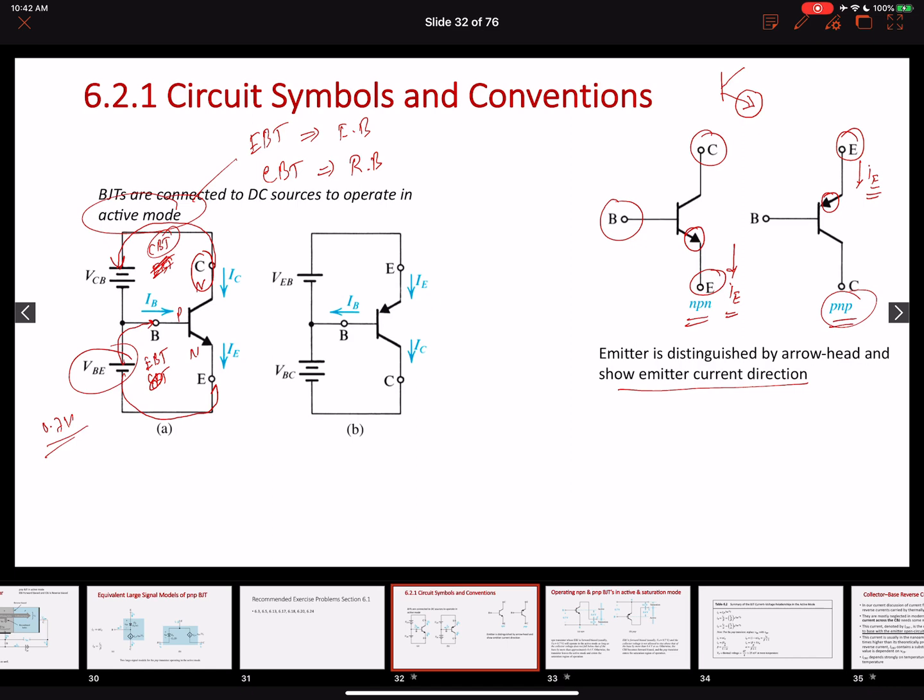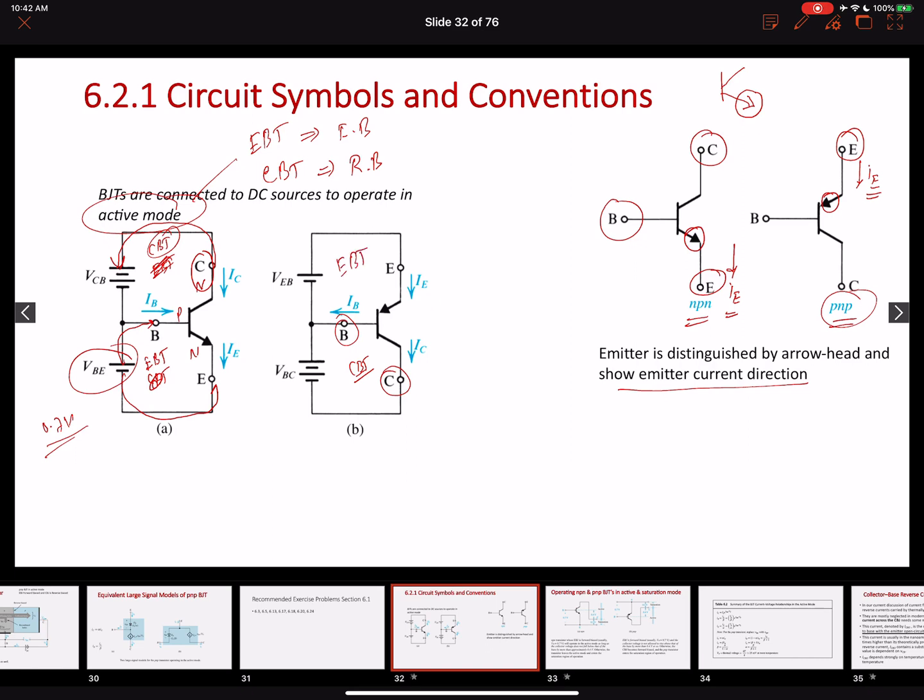If our base is at least 0.4 volts higher than the collector terminal, then the collector to base junction will become forward biased, and we will move from the active to the saturation region of operation for a bipolar junction transistor. Now over here, this is our collector to base junction, CB, and this is our emitter to base junction.